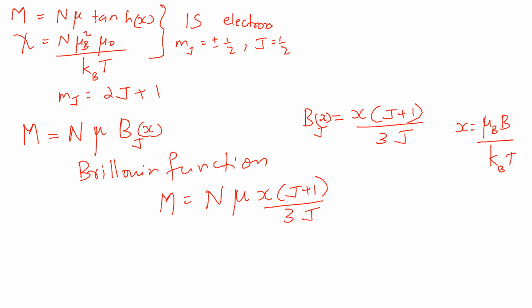Now substituting for x, this equation becomes N mu (j plus 1) divided by 3j.